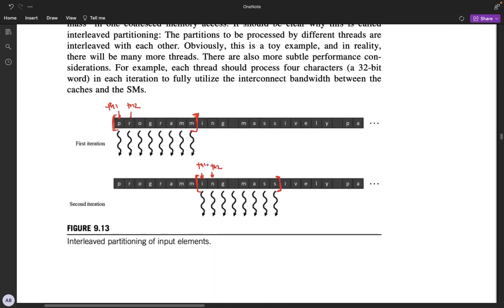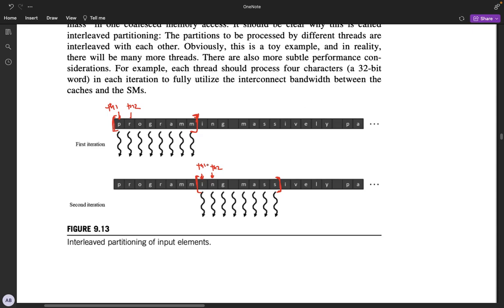Whereas in interleaved partitioning, threads within a block operate on consecutive data points.